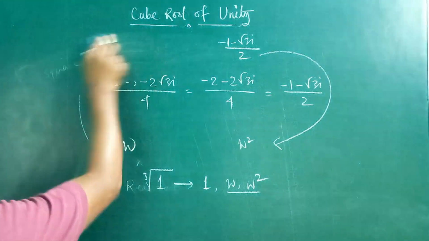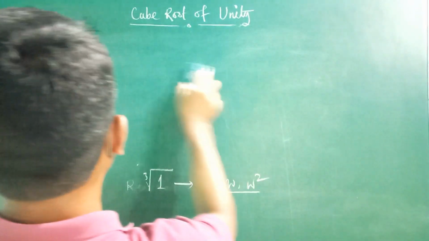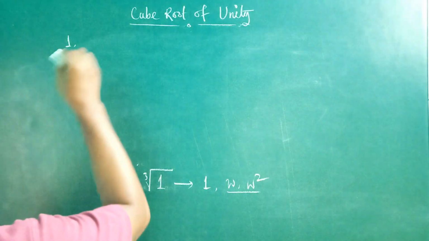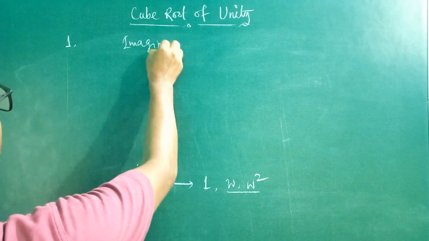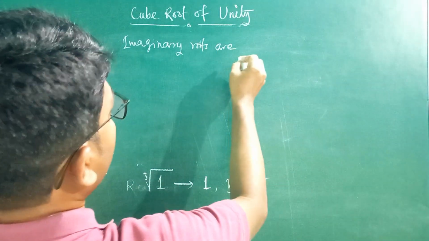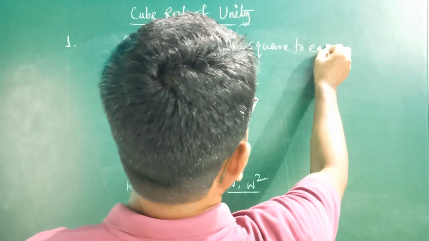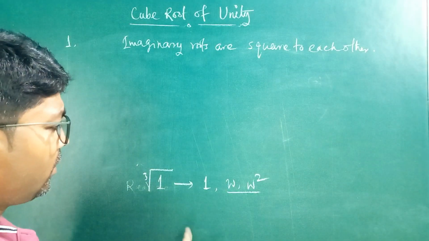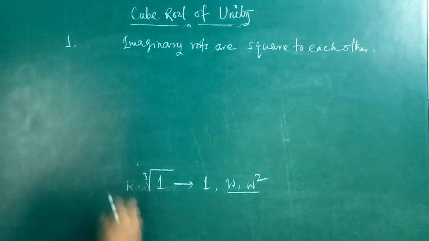So this is our first property: the imaginary roots are squares of each other. You can easily understand that from the previous discussion.